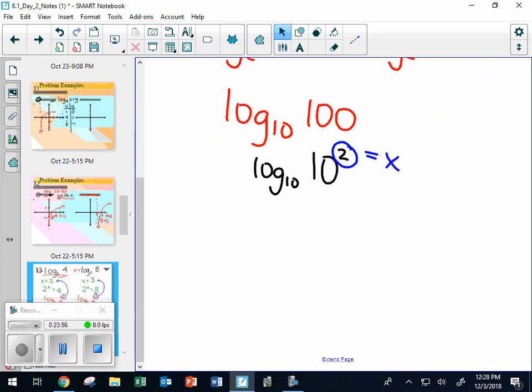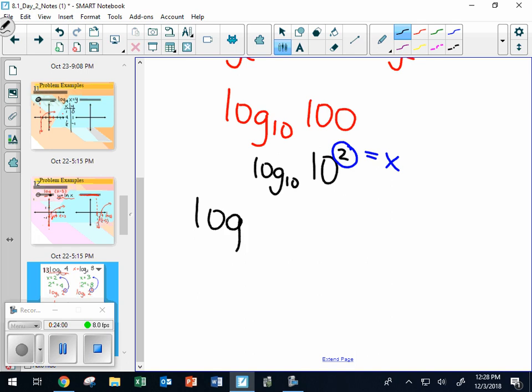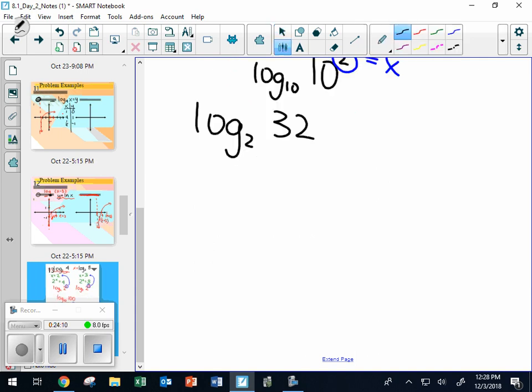Now, what if I have log base 2 of 32? If I have log base 2 of 32, there are 2 ways that we can look at this. If I'm just looking at a base of 2, 2 to what power will get me to 32?